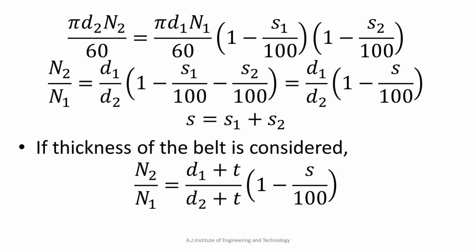So from the previous equation, pi d2 n2 divided by 60 equals V into 1 minus S2 divided by 100, where V we already derived: pi d1 n1 divided by 60 into 1 minus S1 divided by 100.